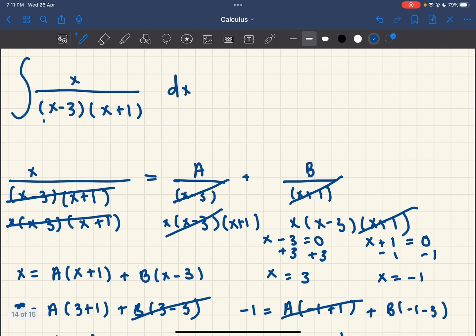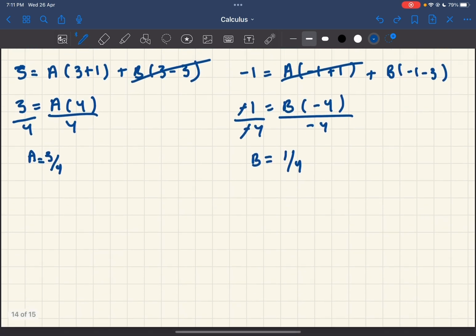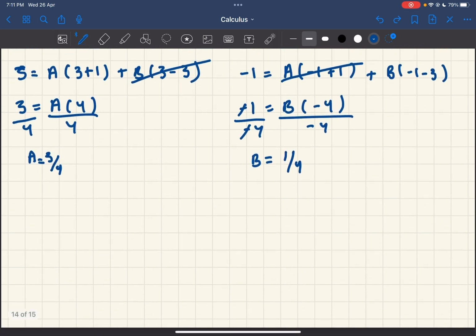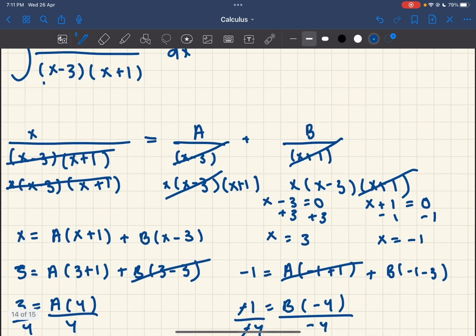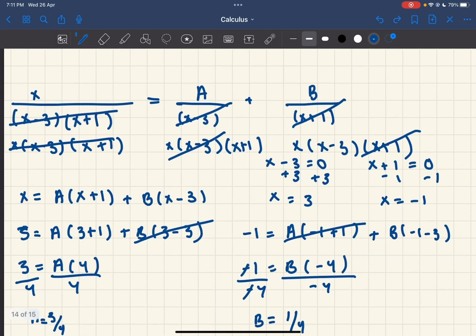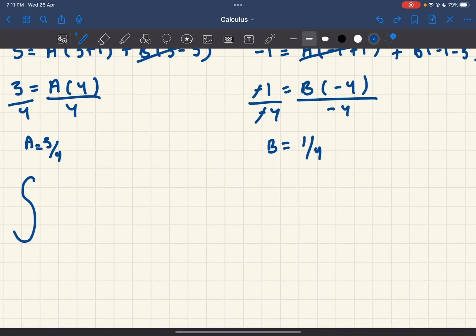actually rewrite this question so we can make it easier for us to solve. And we do that by just writing the integral, and then we write a over x minus 3.